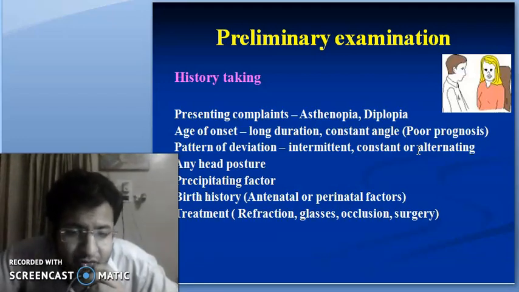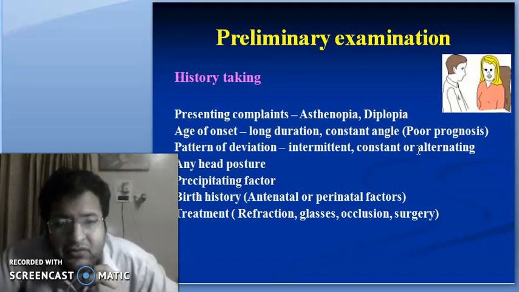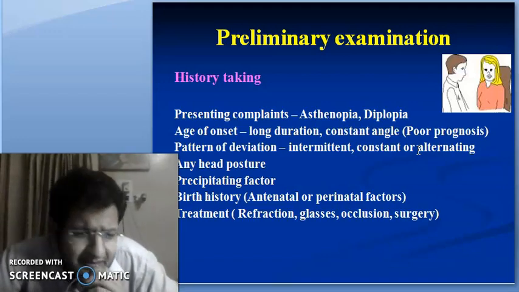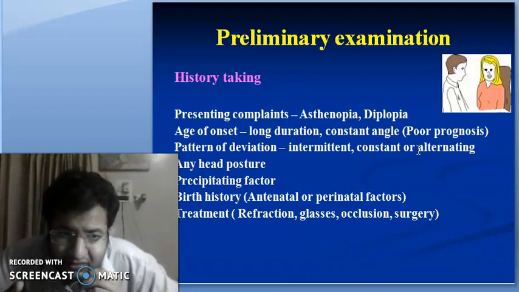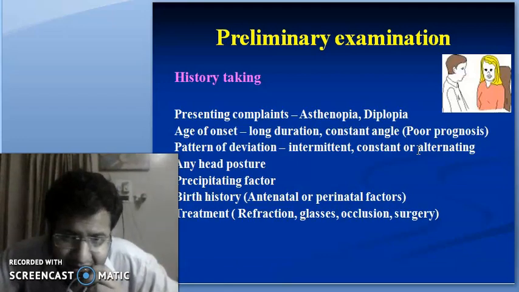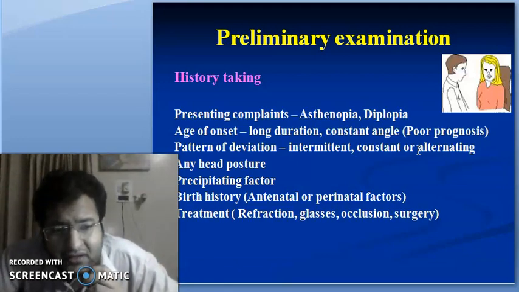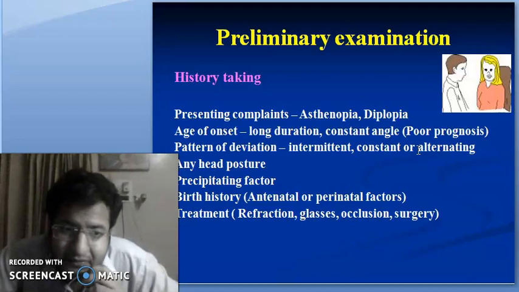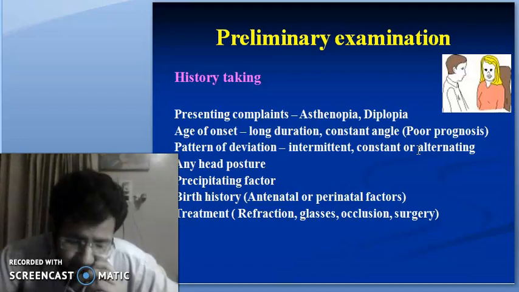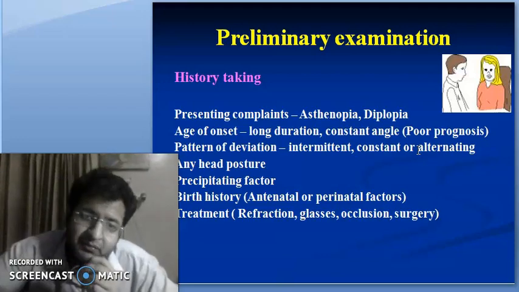What is the age of onset, whether it is of long duration, present since childhood, or it is a constant angle, or the angle of the strabismus varies. If there is a constant angle, the prognosis of gaining the vision is poor, but still cosmetically the eye may be straightened. But still, the side effect of diplopia looms over the surgeon and the patient both.